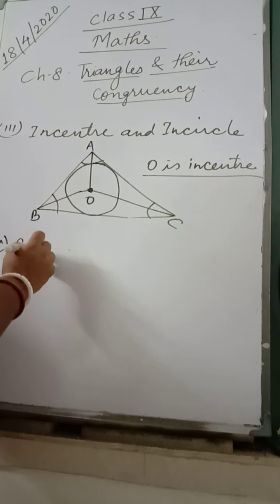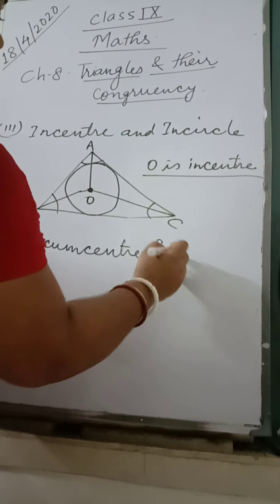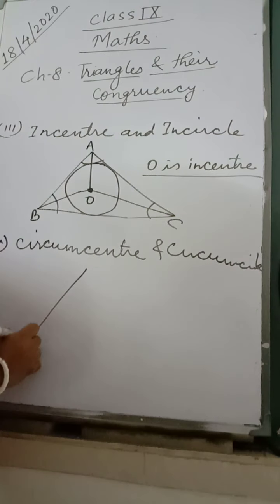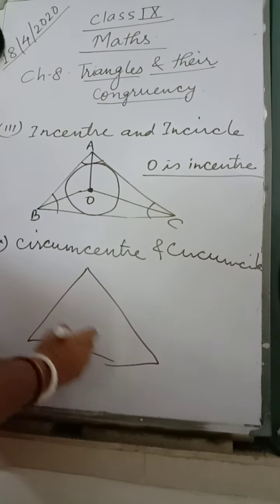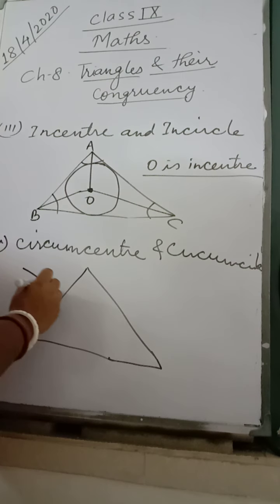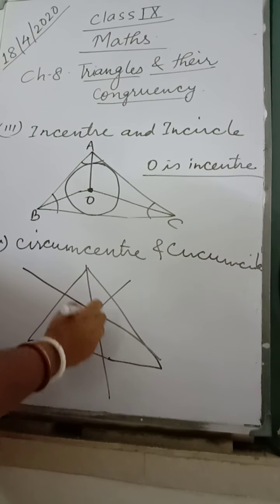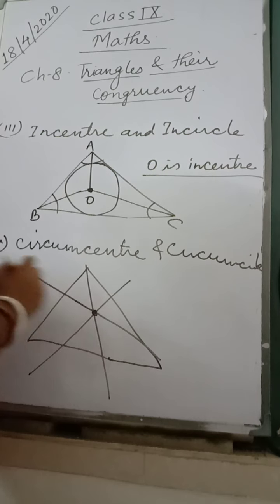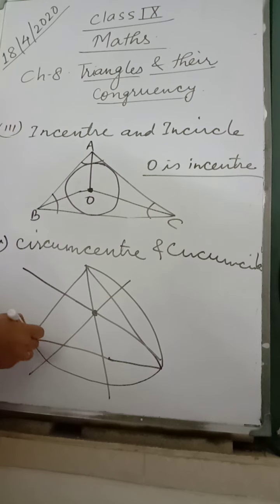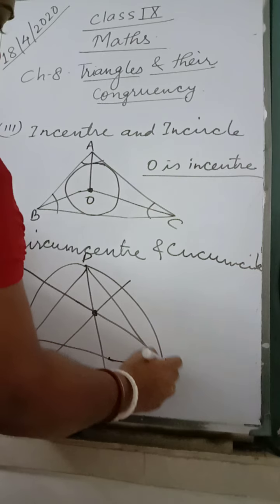And the fourth is the circumcenter and circumcircle. If we bisect the sides of a triangle, just as an example, bisecting the sides, this point is called the circumcenter, and if we construct a circle that passes through all three vertices, that is known as the circumcircle.